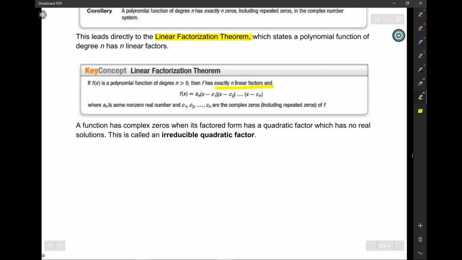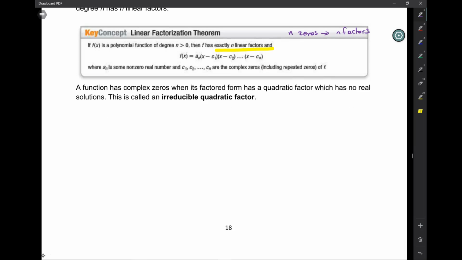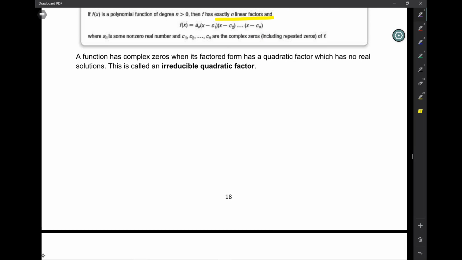Because from each zero you can get a factor. A function has complex zeros when its factored form has a quadratic factor with no real solutions.